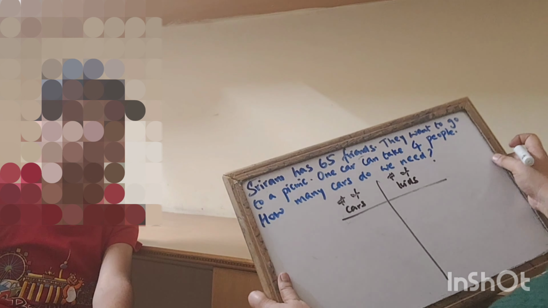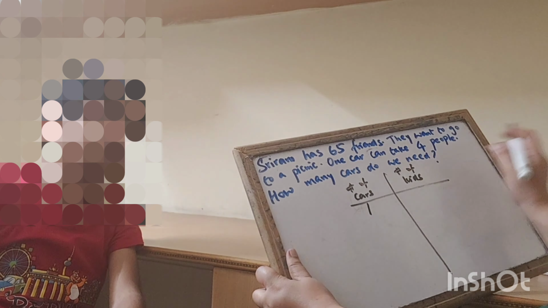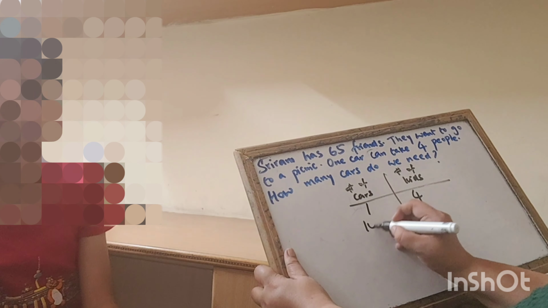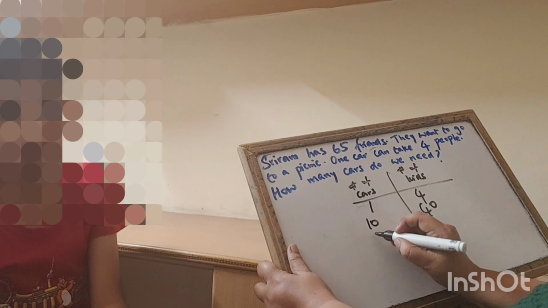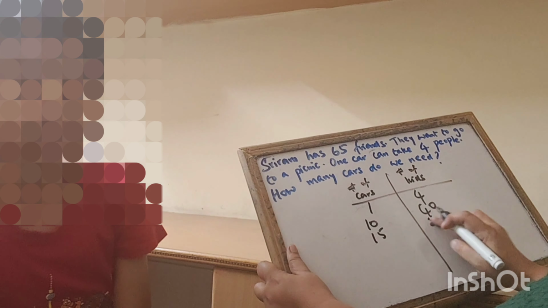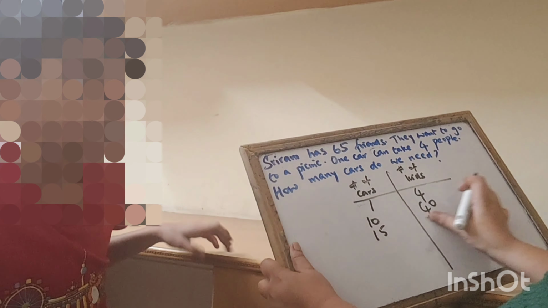Okay. So we have 65 people and we are dividing them into cars of 4. Number of cars, number of kids. Okay. So suppose there is one car, it can take 4 kids. 10 cars can take 40 kids. 15 cars can take 60 kids.